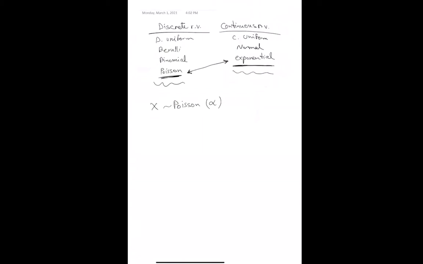If random variable X has a Poisson distribution with parameter alpha, then this random variable can take possible values from 0 all the way to infinity, because it shows the number of things: events, cracks, customers. The probability that this random variable takes any value in this range is e to the power of minus alpha, alpha to the power of x, over x factorial.